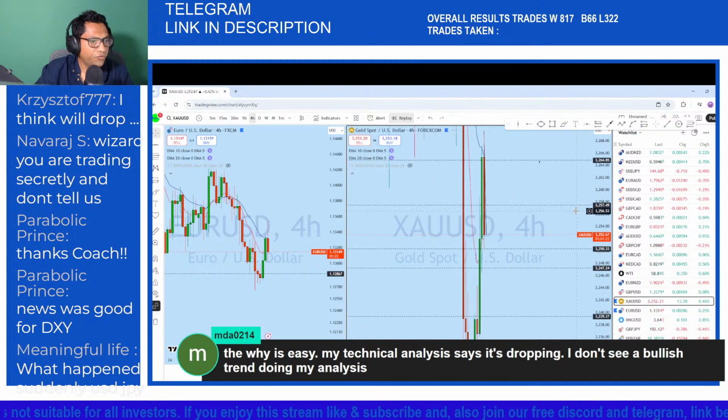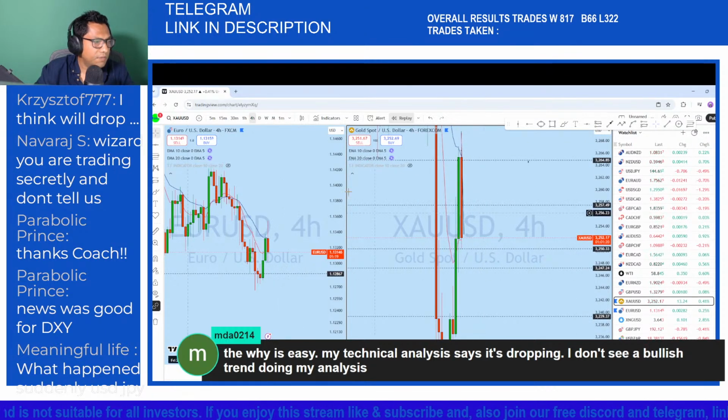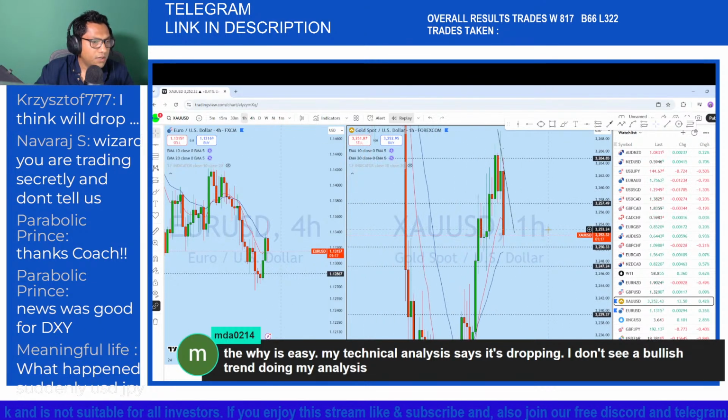So for us to find that entry, on the 4 hour we can see that big drop to that support level.